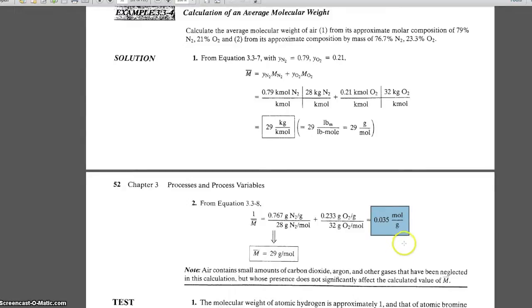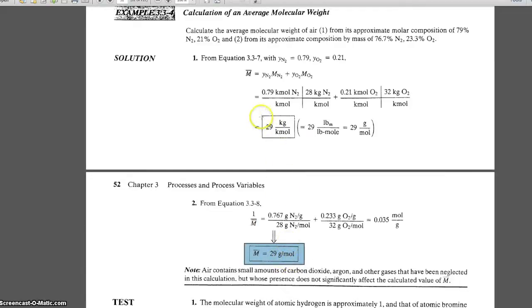But since we want the average molecular weight, the equation stated is 1 over average molecular weight. So for average molecular weight, you change it and you get 29 gram per mole.